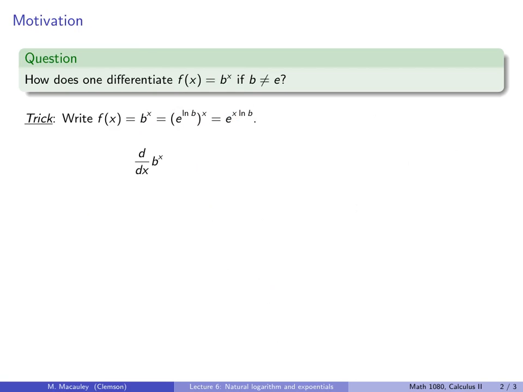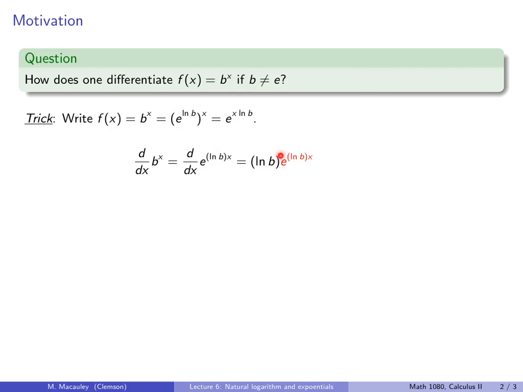Okay, so the derivative of b to the x, you probably saw this in your first semester calculus, is equal to the derivative of e to the natural log of b times x. You know how to take the derivative of e to the kx. Remember, the k just pulls down. So here's our quote-unquote k.